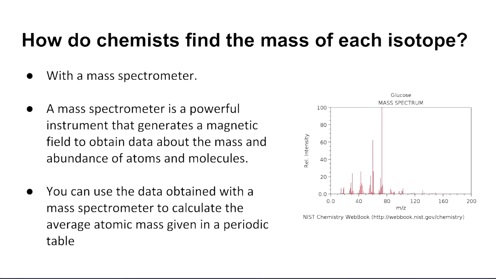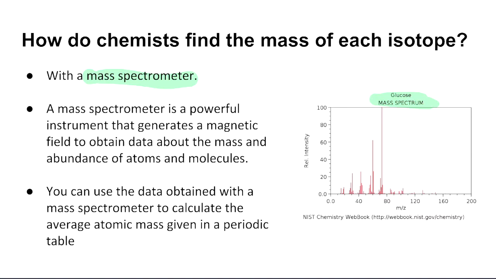How do chemists find the mass of each isotope? They use something called a mass spectrometer. Here's an example of a mass spectrometer reading, for glucose. The mass spectrometer is a very powerful instrument that generates a magnetic field to obtain data about the mass and abundance of atoms and molecules.